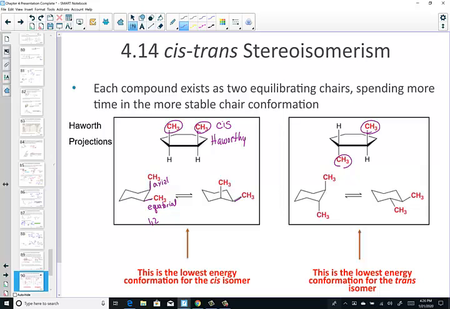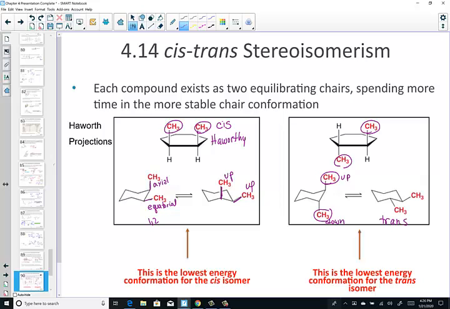If one is an equatorial, the other has to be an axial for both of those to be pointing up. If it's a trans conformation, they're pointing up and down. See how you have one of each? Here this is up, this is up. That's the same, that's a cis conformation. This one is pointing up, this one is pointing down. That's different. That's a trans conformation.